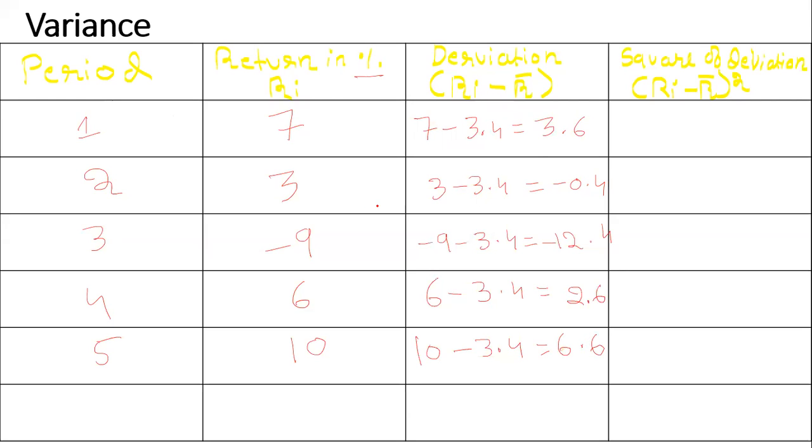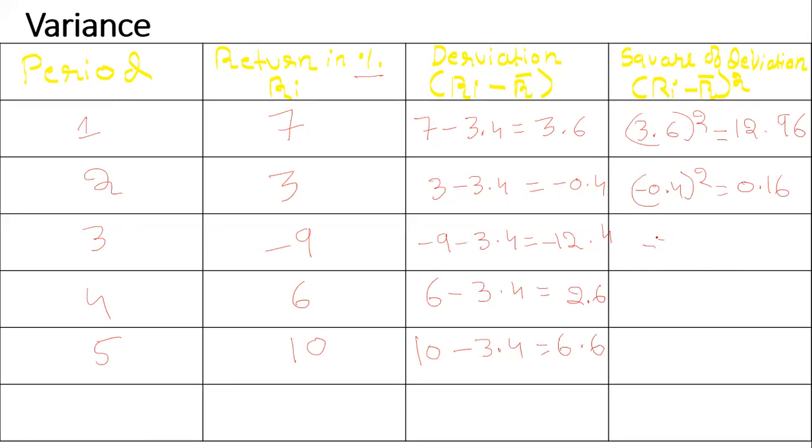Now moving to the square of the deviation. That is 3.6 square, which is equal to 12.96. Same here, for minus 0.4 square, that is 0.16.